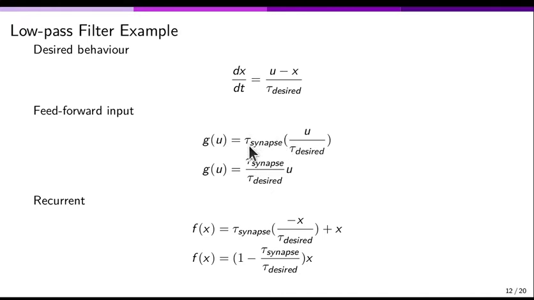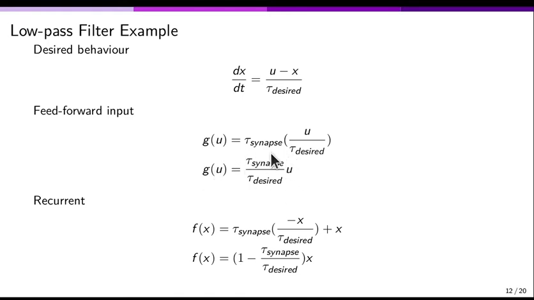I'm normally writing this as just tau in all the previous pages, but because now I have a tau desired, just for clarity, I'm writing tau of the synapse and tau of whatever my desired low-pass filter is. So I take the part of the equation that's about that and multiply it. And this is the function I want to approximate on my input.